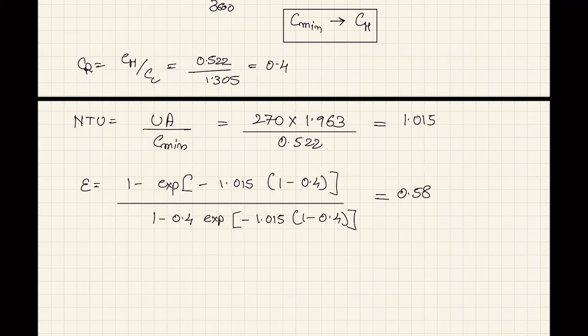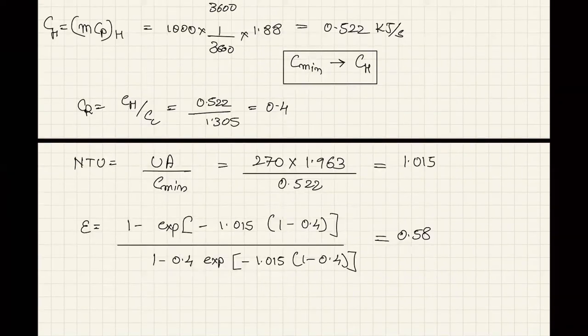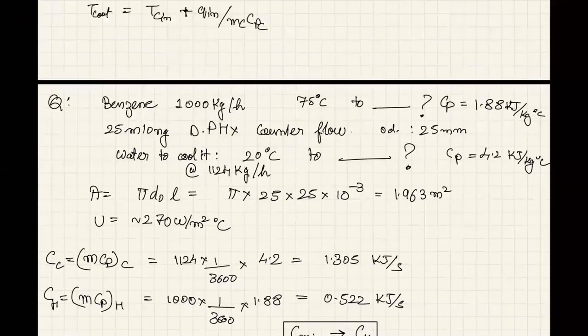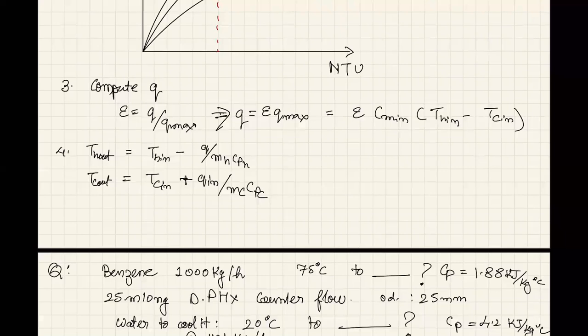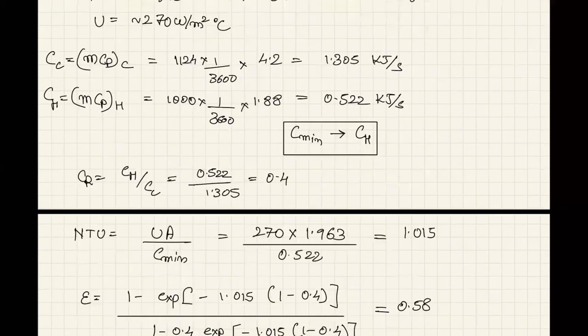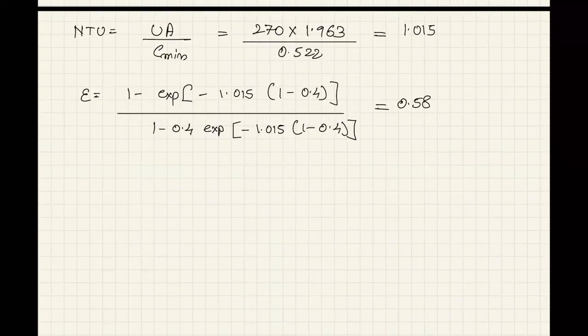All right. Then we go to step 3 and calculate Q, which is equal to epsilon times C min into T_h,in minus T_c,in.